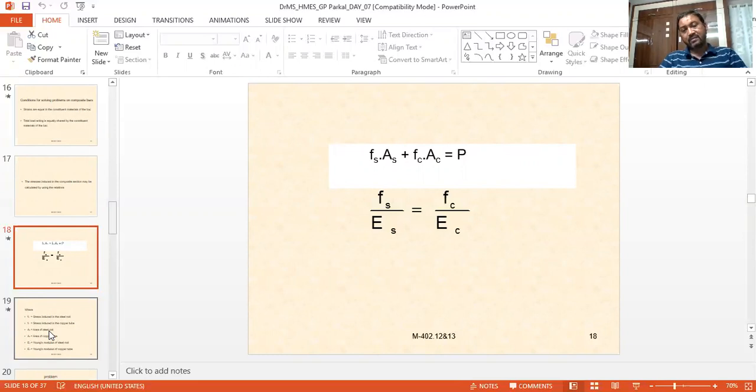Ps means the load shared by the steel, which is stress into area, Fs into As. Similarly, Fc into Ac is the Pc, the load shared by the copper. So the total load P is equal to Fs into As plus Fc into Ac. This is the second equation we get in the case of composite bars.